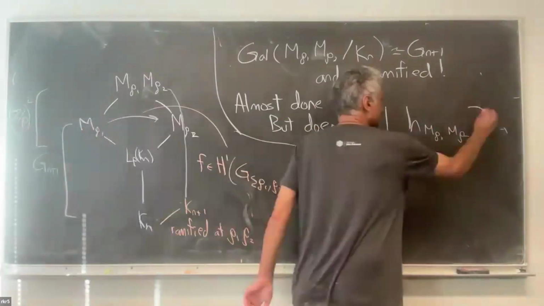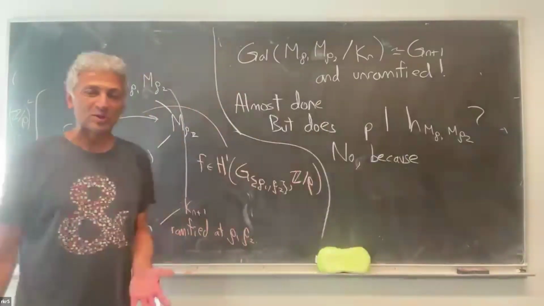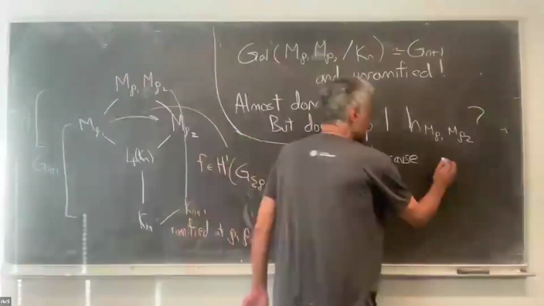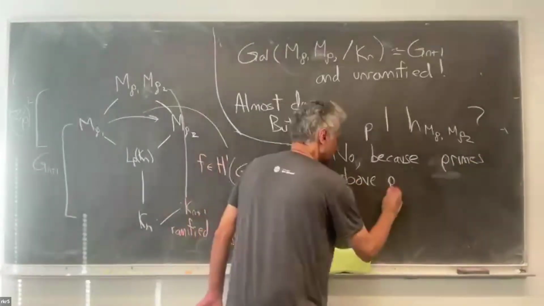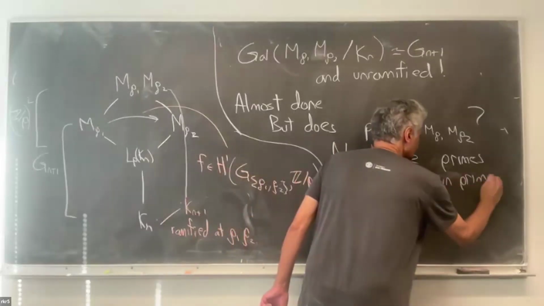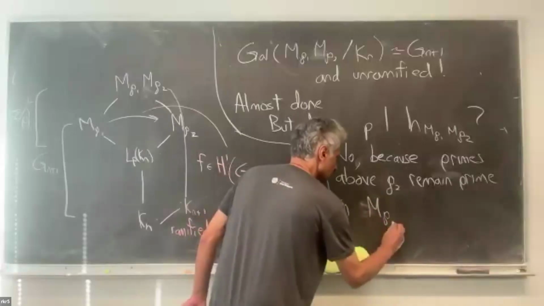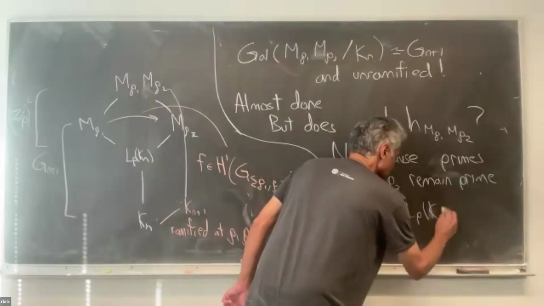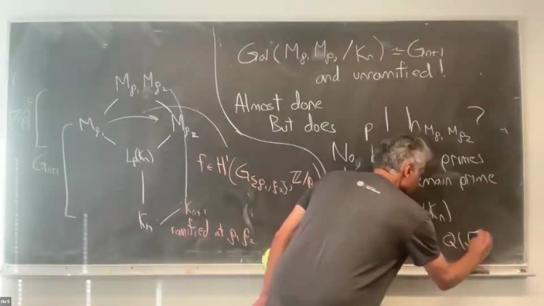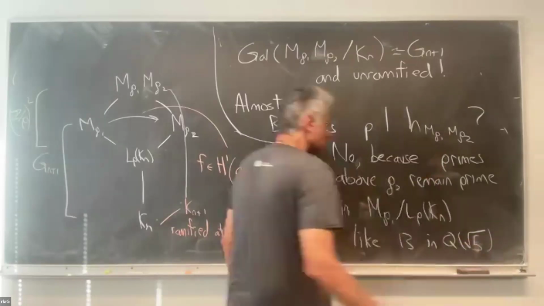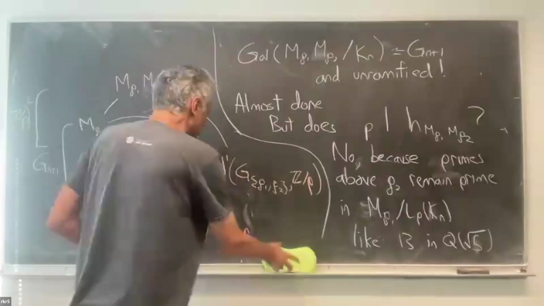And the answer is going to be no. And it's basically, and I'm not going to get into the details, sorry, but it's exactly for the same reason as before. 13 didn't split in Q root 5. So that's the strategy.